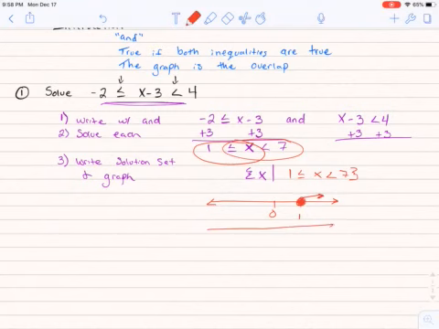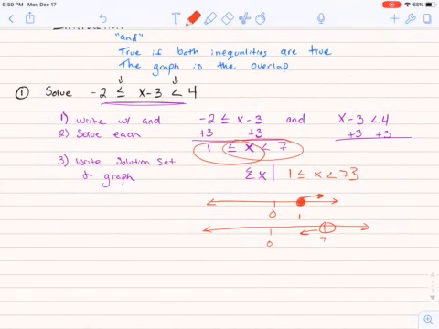The second part of this inequality will be, there's 0, I'm going to put 7 down here. 7 is going to be an open circle. I made that a closed circle, let's fix that. There's 7, open circle, there we go. And then x is less than 7, so it's going to be all the values that are less than 7.